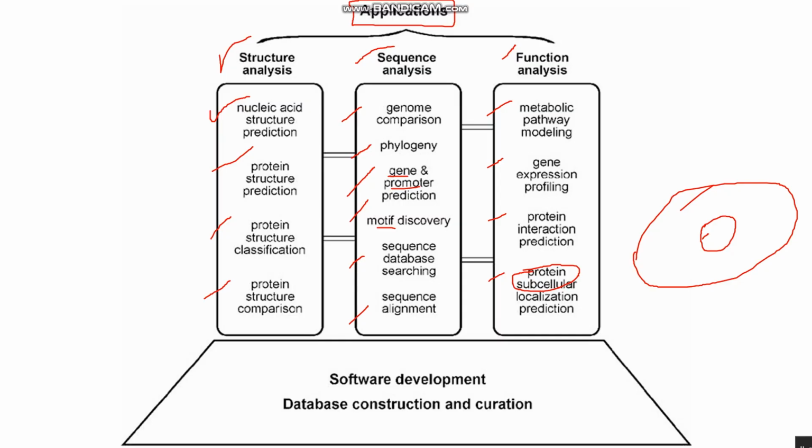If it is in the cytoplasm, in which organelle? It may be in the mitochondria, the endoplasmic reticulum, or the lysosome. That protein subcellular localization prediction is also done by using bioinformatics.